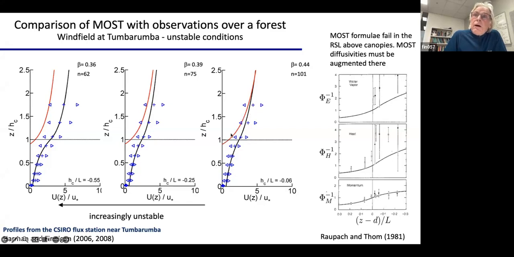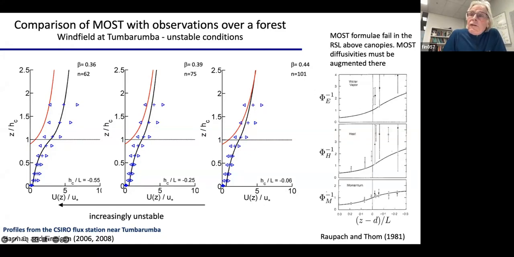And we find that it departs from the measured values quite a lot as we approach the canopy. If we go to more unstable conditions, the departures are even more severe. And as we get to quite unstable conditions, there's a very big gap between what unmodified Monin-Obukhov predicts and what this modified theory predicts. I'll come back to what the modified theory involves later in the talk.